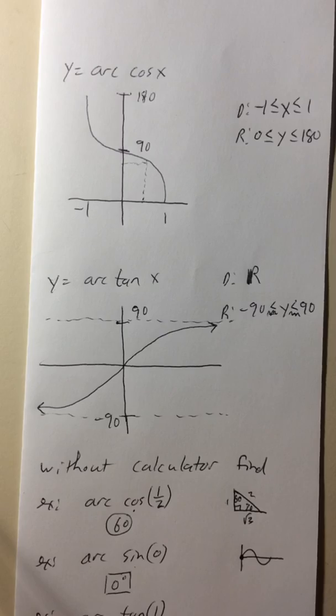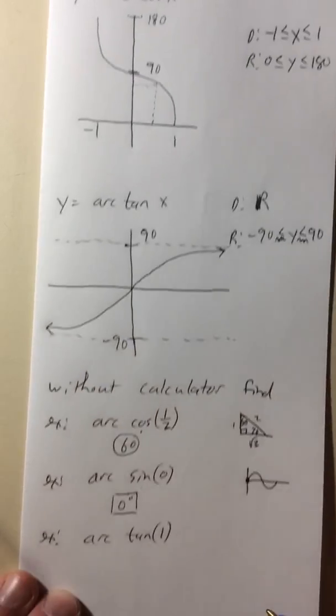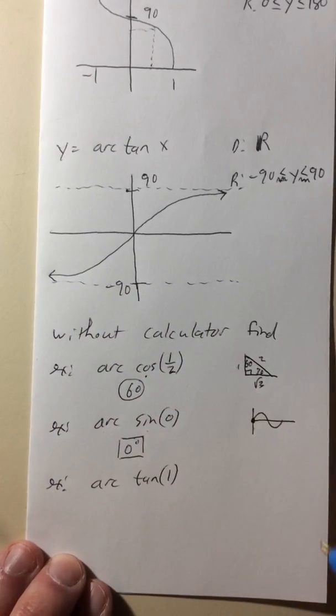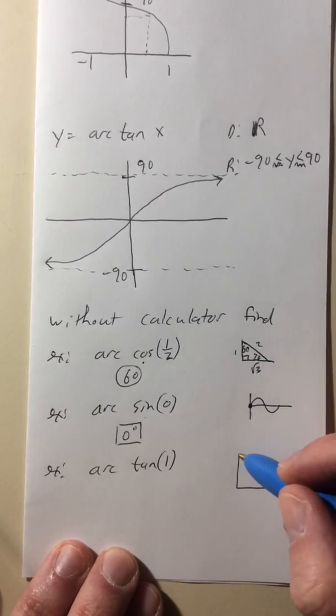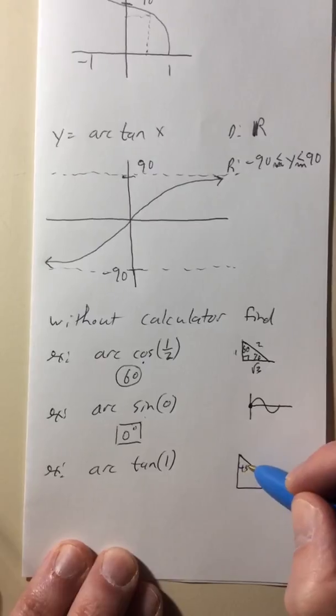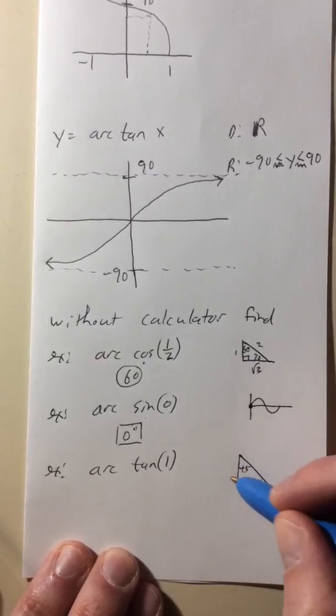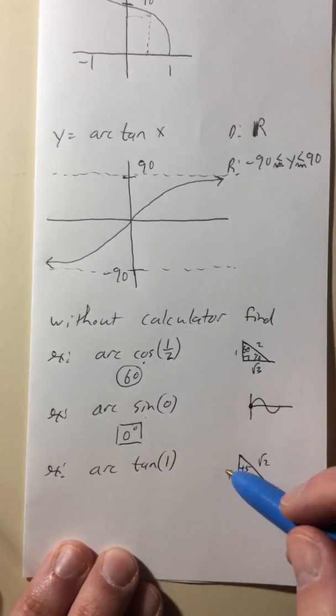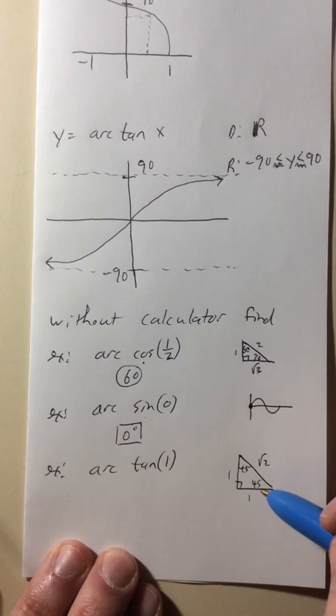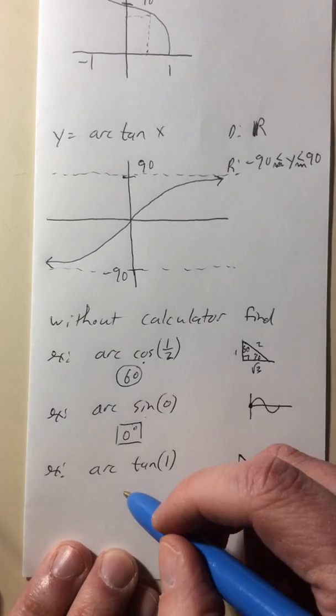And the arctangent of 1. So hopefully you remember that with our other special triangle right here. We have 45 degrees, 45 degrees, 1, 1, √2. So the tangent of what angle is 1? Well, 1/1 is 1. So then the angle must be 45 degrees.